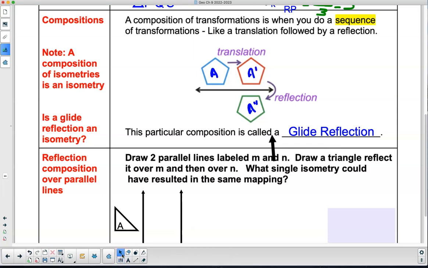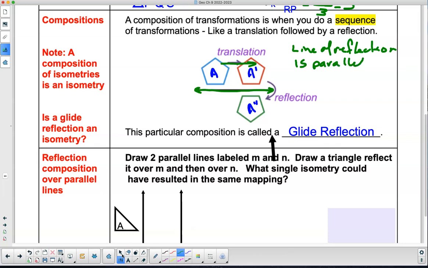And my reflection is over that parallel line of reflection to my translation, because my translation went this way, the line of reflection is parallel. Line of reflection is parallel to translation direction, my slide direction.